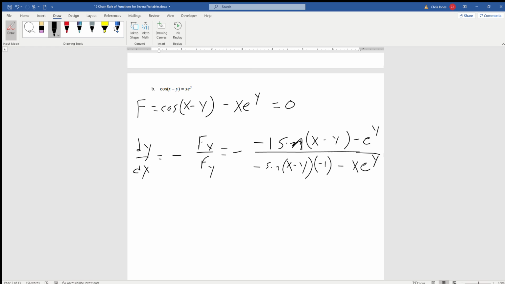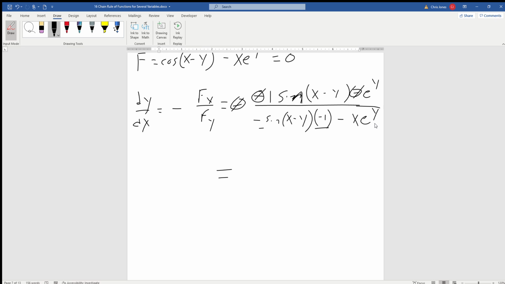Now, if we simplify this, we have a negative and a negative for one term on top, so those all become positives. And then we have a negative and a negative here, which becomes a positive. So fortunately, we only have to deal with one negative after cleaning this up.